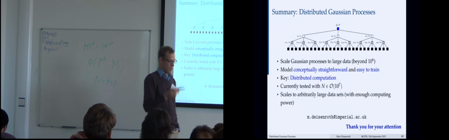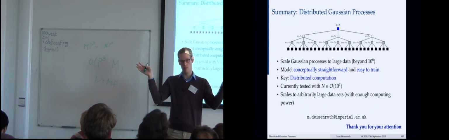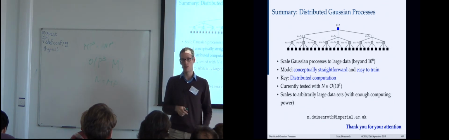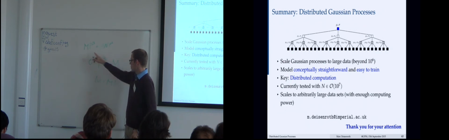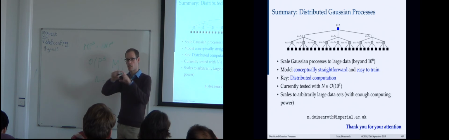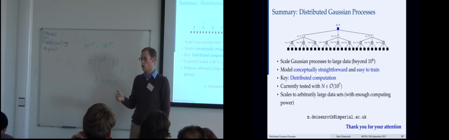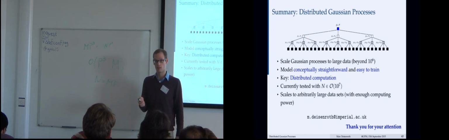In the sparse Gaussian process, I need to compress my data somehow into these inducing inputs, whereas here I can just increase the number of experts, so I can keep the resolution and keep P constant. That makes the approximation a bit rougher, but it scales.